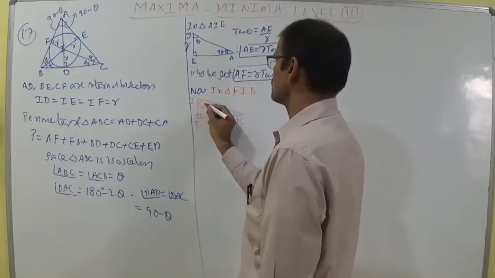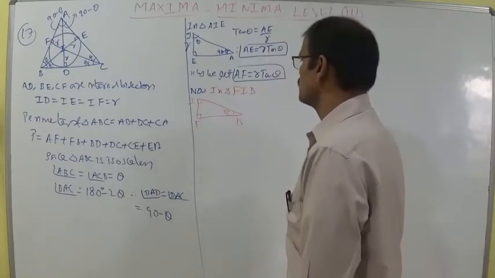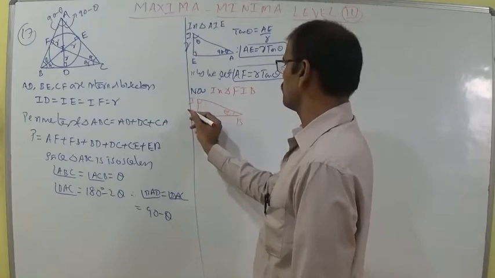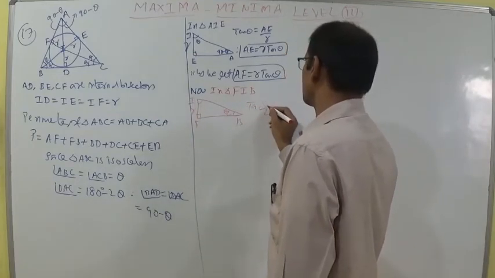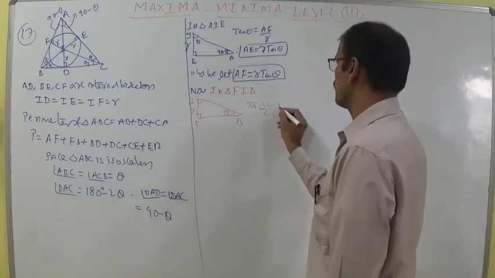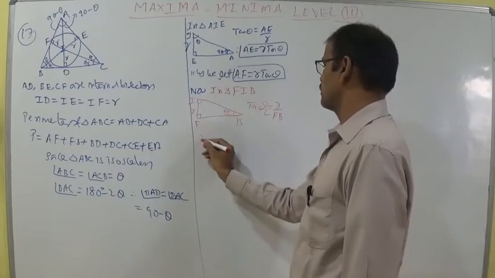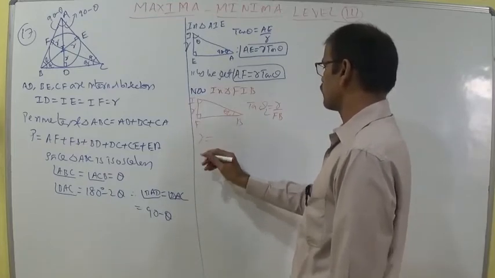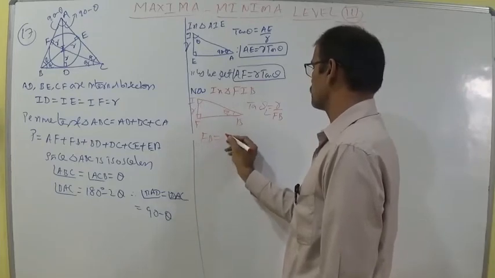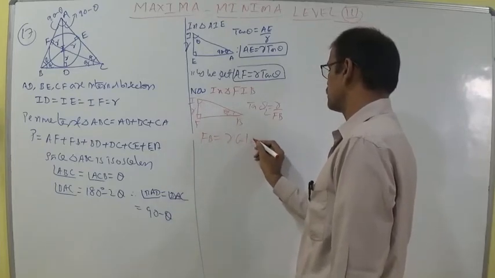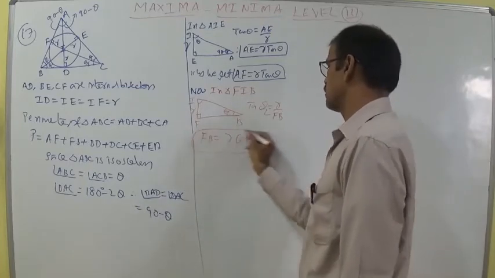In this triangle, IF is equal to the radius R. Now you can write tan theta by 2 is equal to R by FB. By cross multiplication, you get FB is equal to R cot theta by 2.